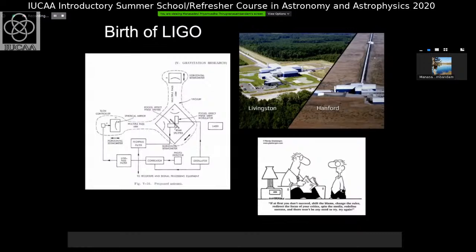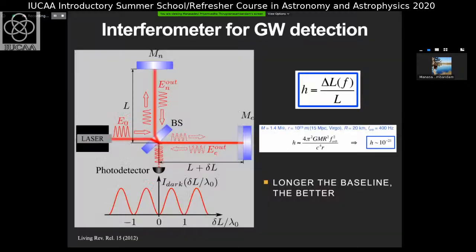A Michelson being used to detect a gravitational wave is a flawless method of detection. So this brought about the birth of LIGO, the two detectors that we have right now at Livingston and Hanford.